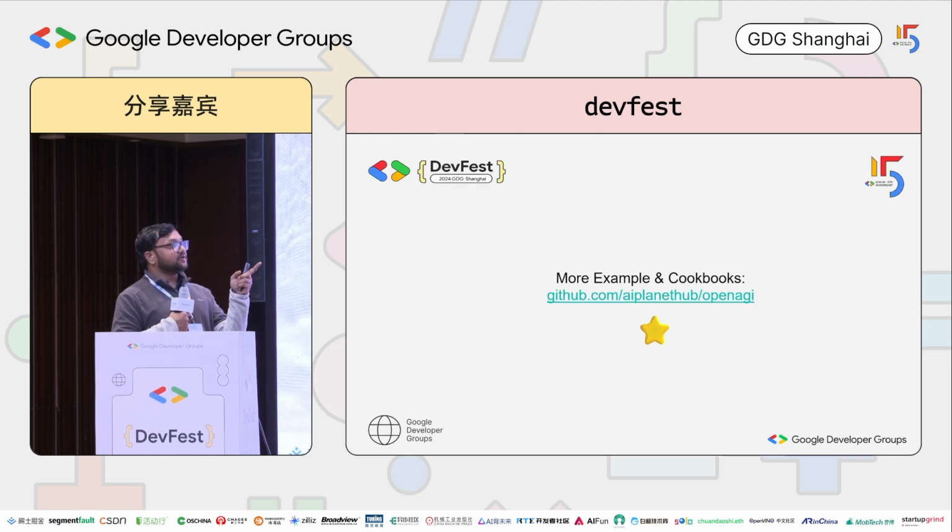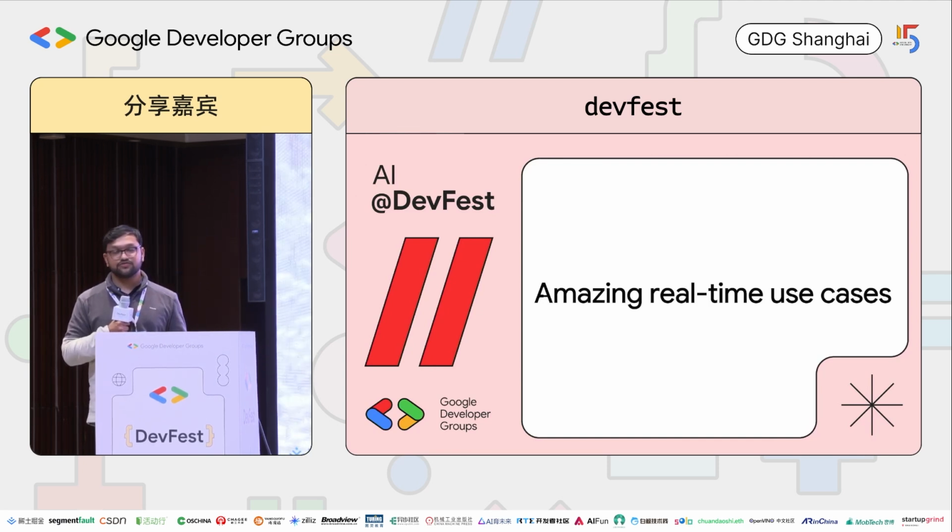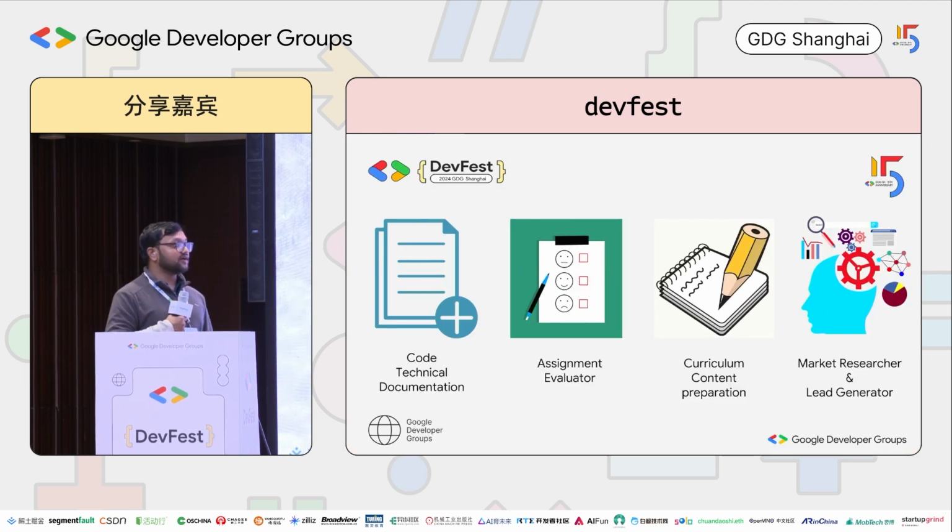So, there are multiple cookbooks available, especially related to the OpenAGI framework. You can have a look at these cookbooks and try out your different tasks which you have for agents. There are some real-time use cases which I have developed for my own use, like coding documentation.